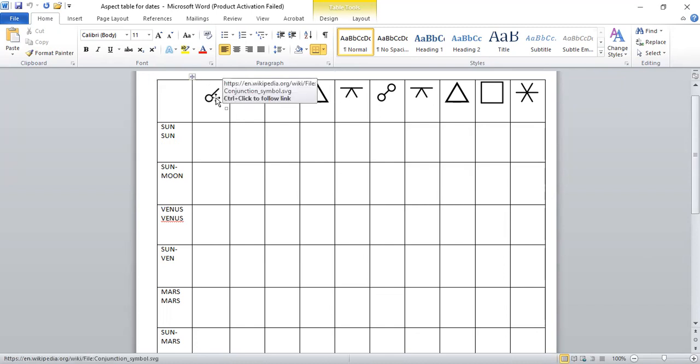On my first rough draft sheet, I wrote 0 degrees above the conjunction, 60 degrees above the sextile, 90 above the square, and 120 above this first trine. Then 150, 180, 150 again, 120, 90, and 60. So that takes you around that circle, right?